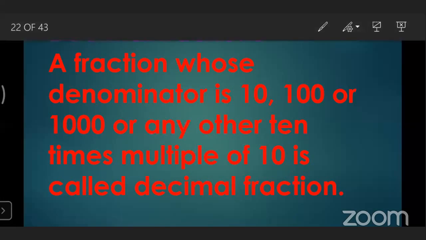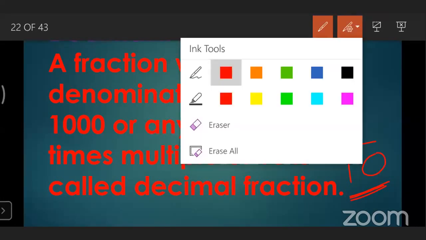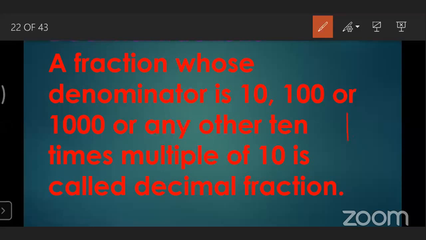Okay, now see. 1 upon 10. Here 10 is a denominator, right? Yes, very good. Now 1 upon 100. Now 100 is a denominator, right?